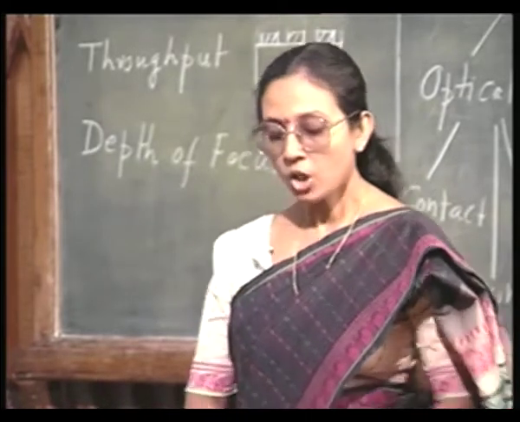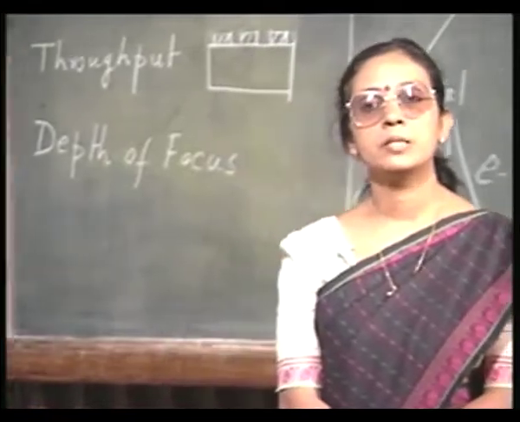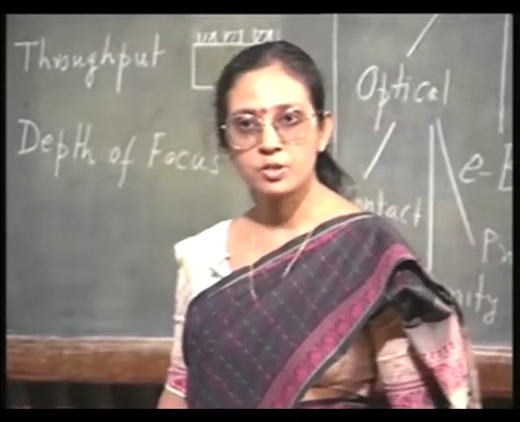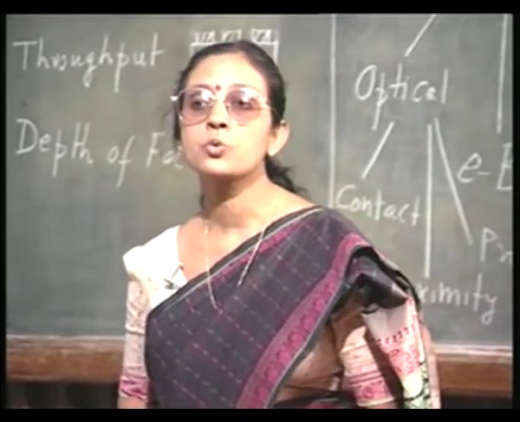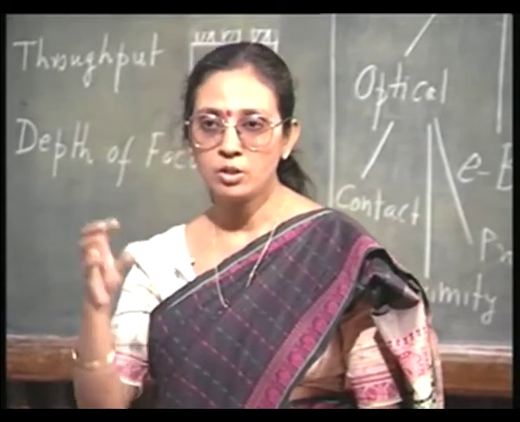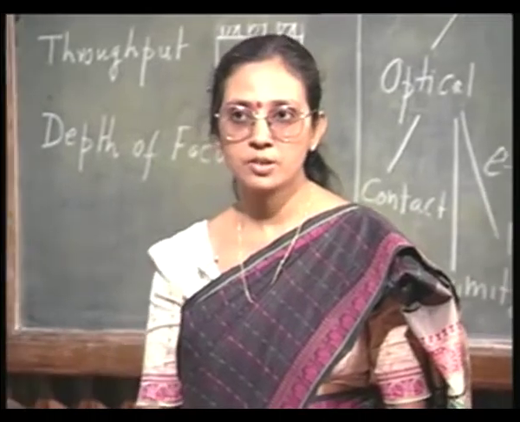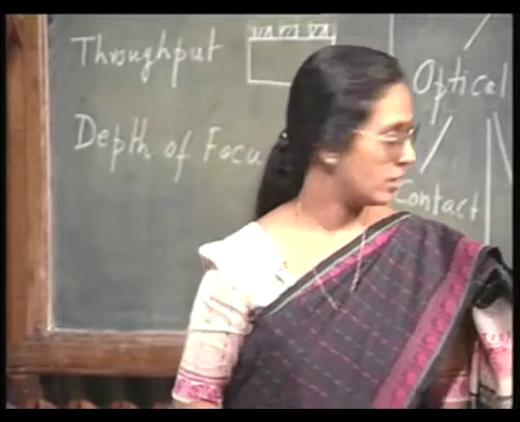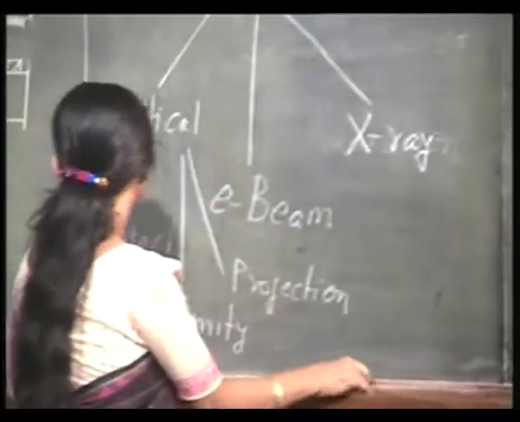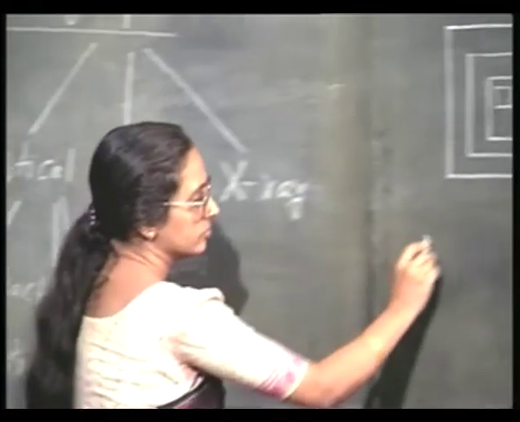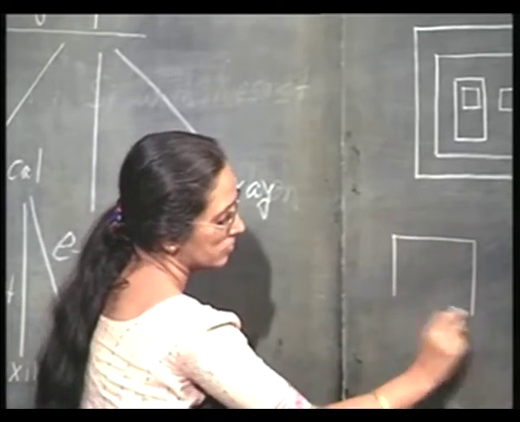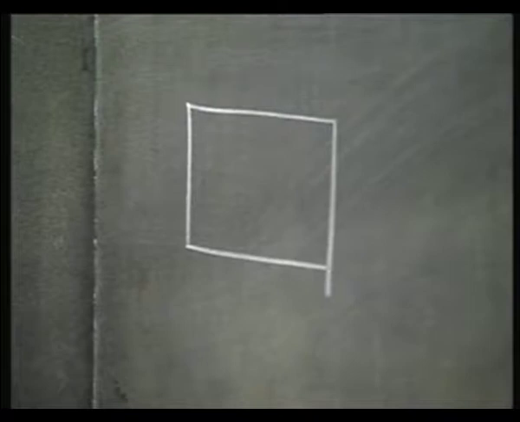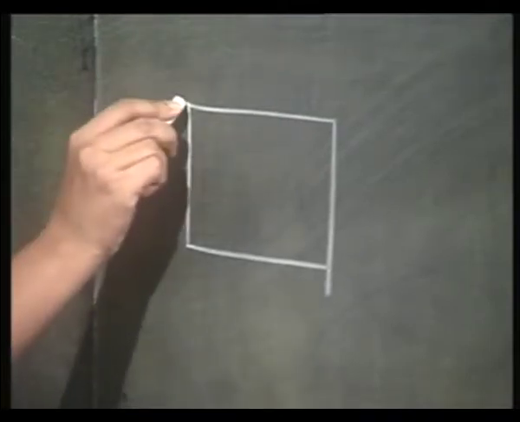The only problem is this, that the unexposed regions will swell when you put them in the developer solution. Let us say this was a feature, the unexposed region, it will swell like this.